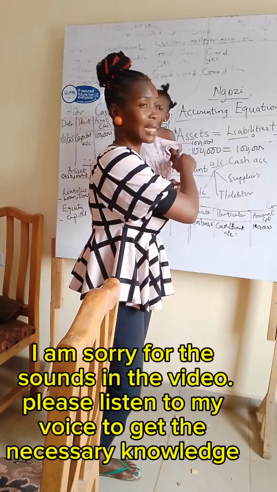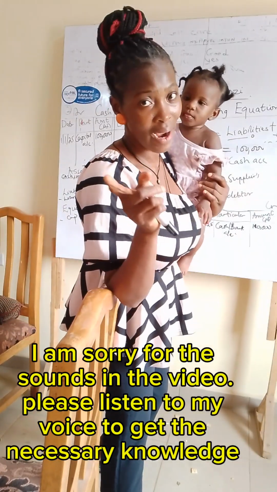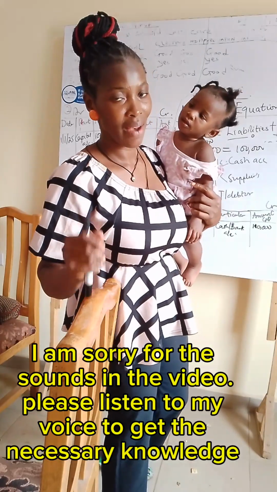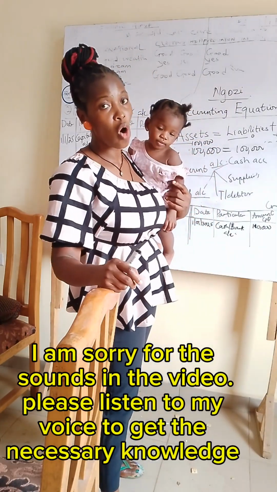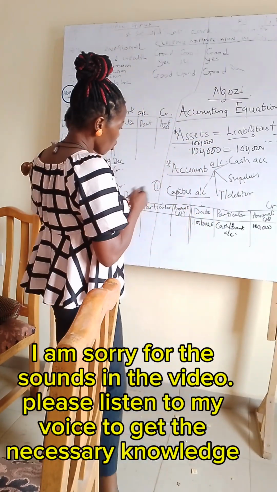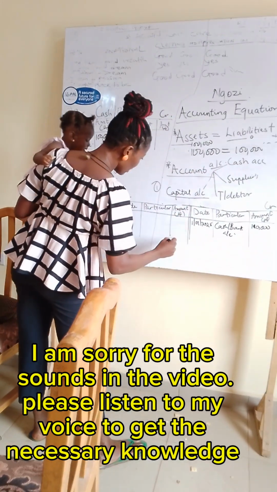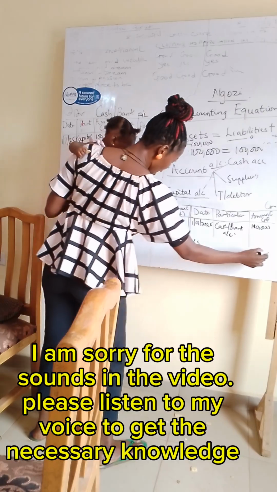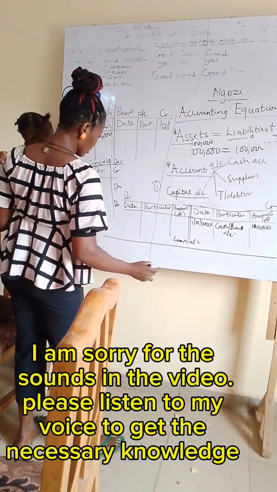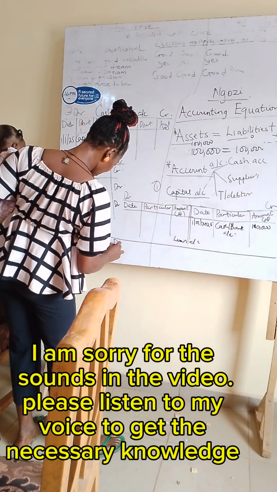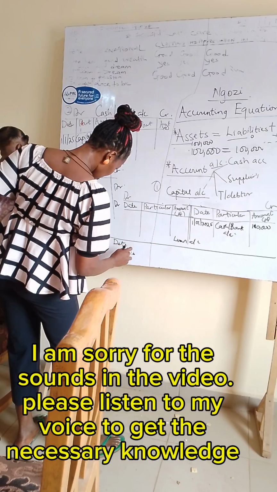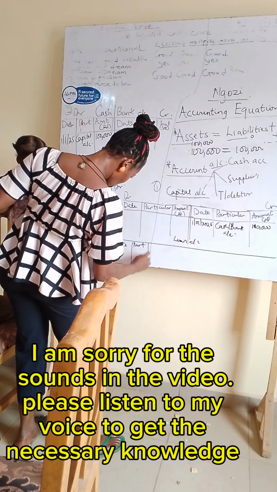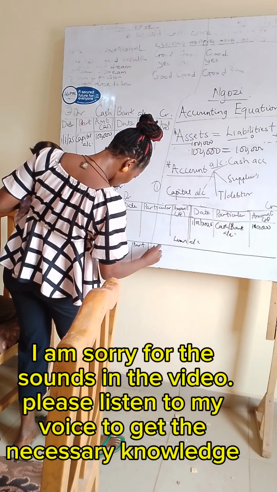Is it your asset account, liability, equity? Your liability account will be affected. Since you have a loan, you have to open a loan account. So let's have it here. Loan account. Focus on the same board. We have our date, we have our particulars, and we have our amount.